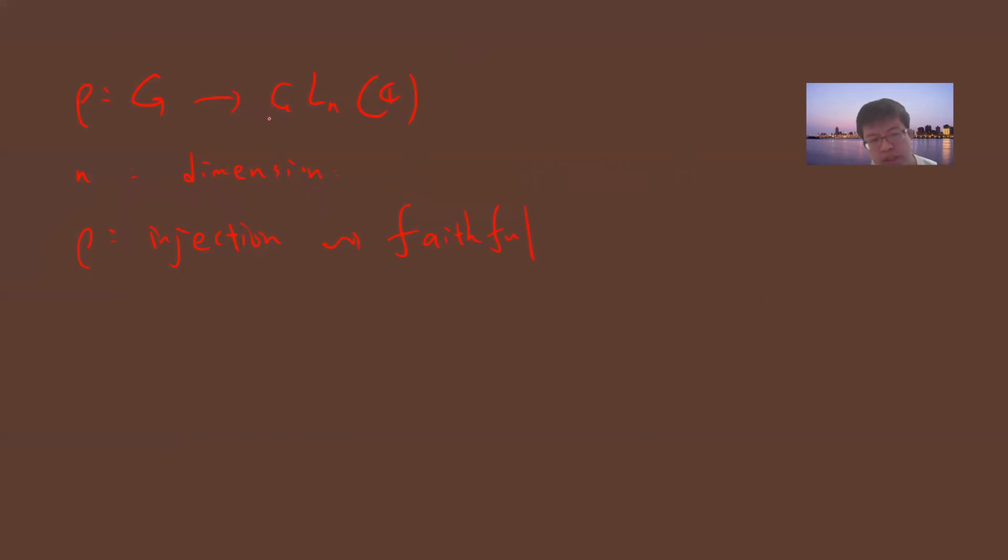So any group always has a group representation. I mean, if you map all of G to 1, you take the trivial one-dimensional vector space and map any g to 1, it becomes a non-faithful group representation.